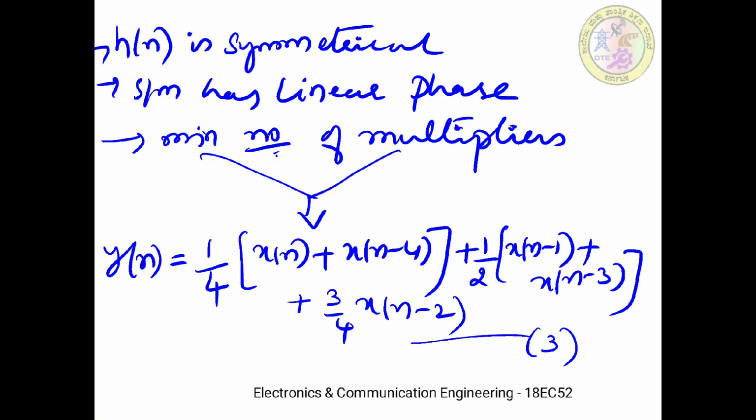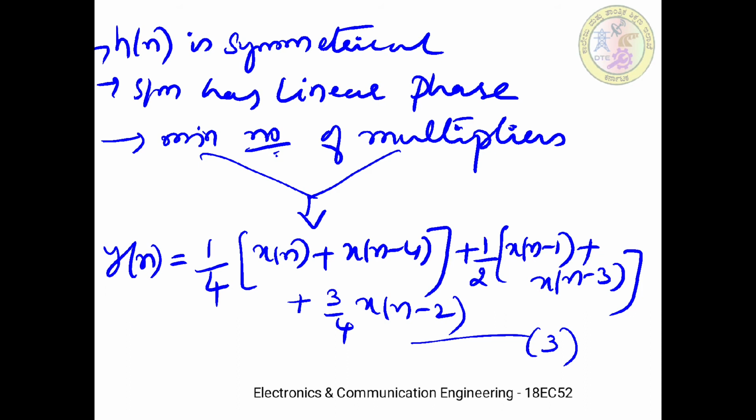In equation 1 we have taken the inverse Z transform. In equation 2 we have expanded the convolution sum equation. In equation 3 we have grouped the terms so that we can see where exactly the multiplication terms are reduced.